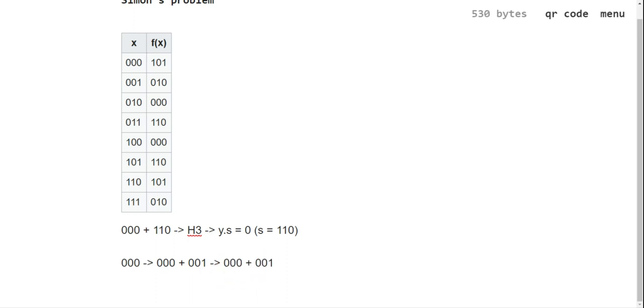For the second qubit, you get this, and this, and so for the third qubit, you get basically this plus this.